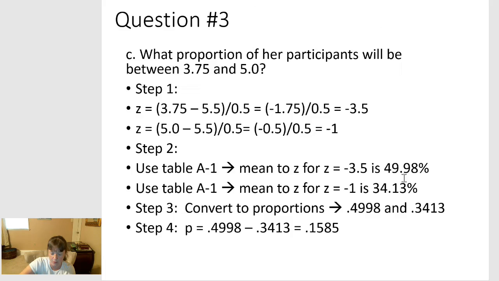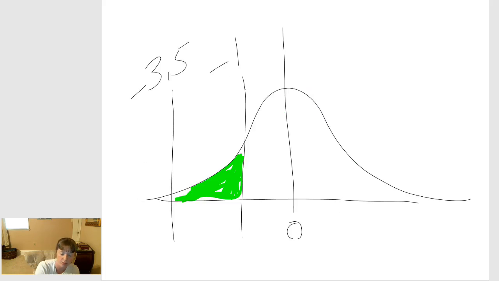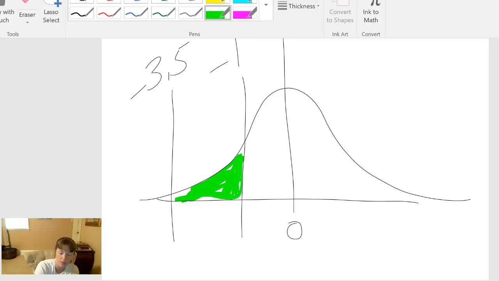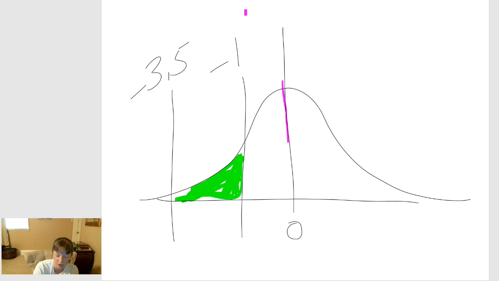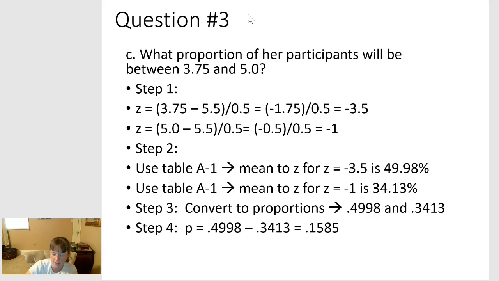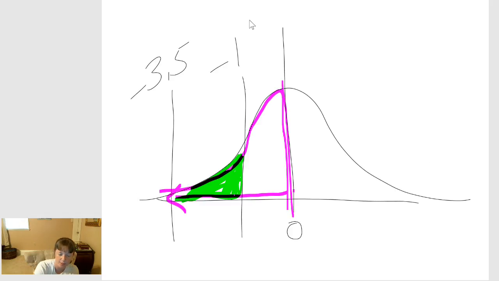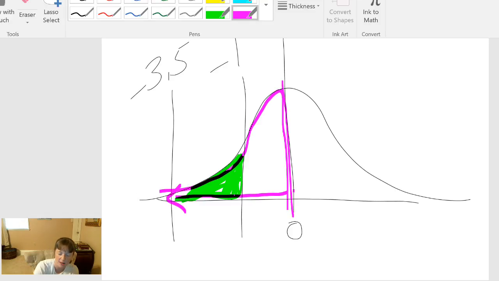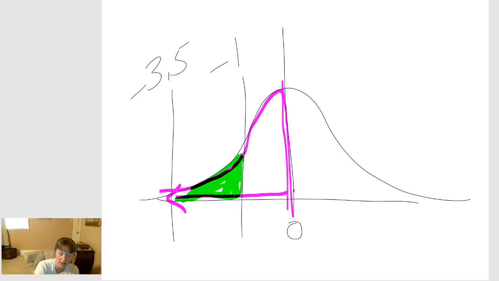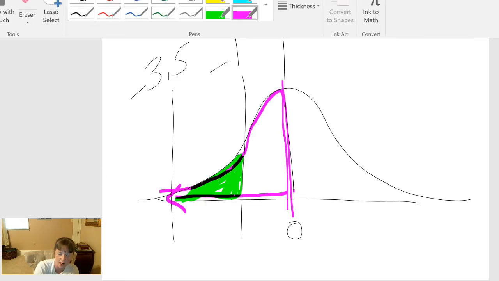So from the average of 0 all the way to 3.5, everybody in here is 49.98%.